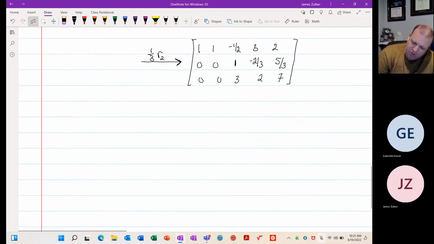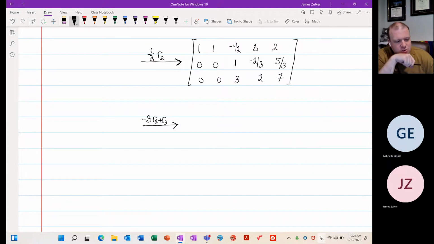Now we want to make that 3,3 entry 0, so -3 row 2 plus row 3.